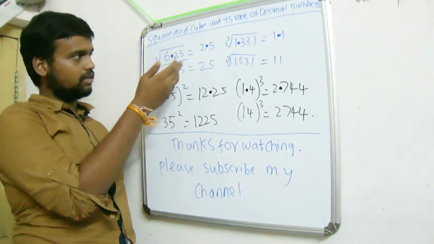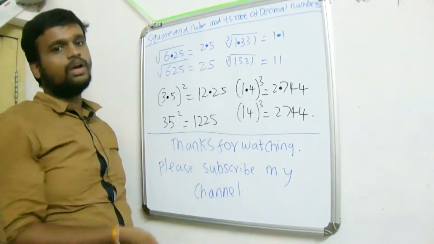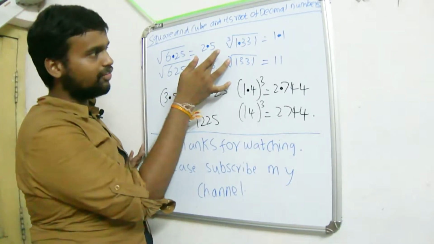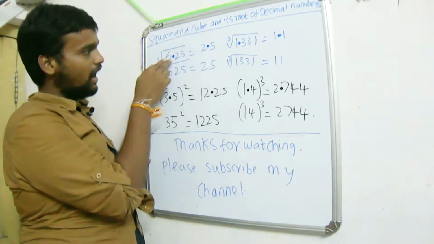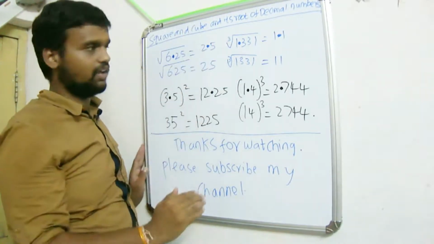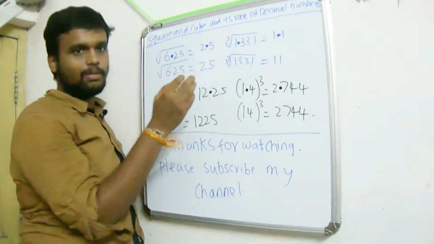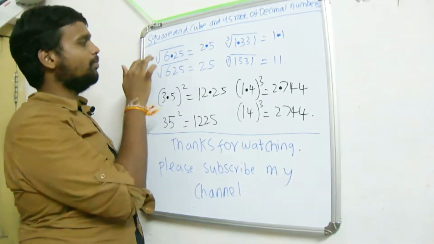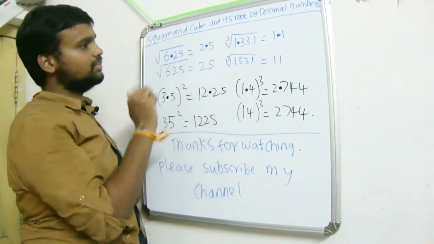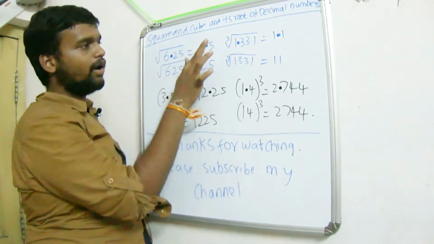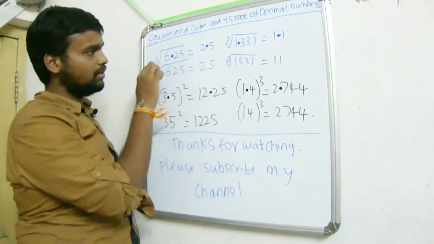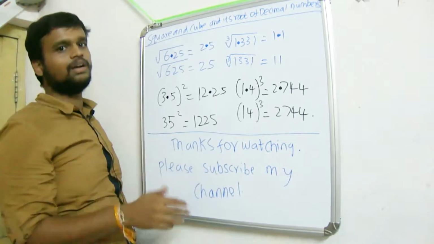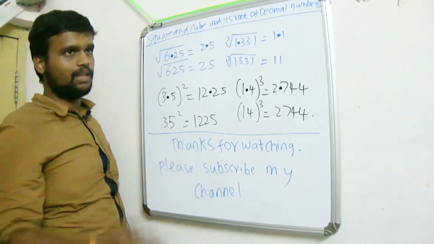So while taking the square root, we should place a decimal point before the last digit. In case 4 digits are there after the decimal point, we must place the decimal point 2 digits from the right. That means if this is given as 0.0625, then your answer would be 0.25, because in the square root there are 4 digits after the decimal, and in the square root answer there would be half of it.